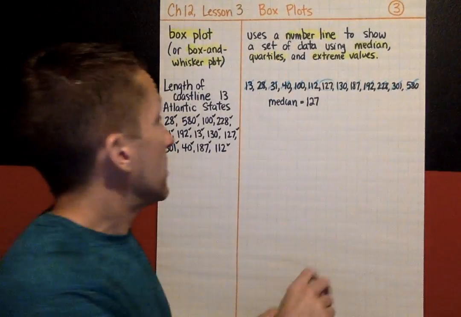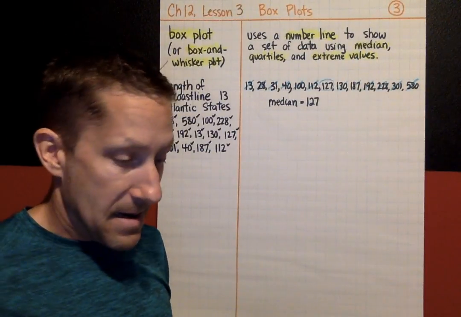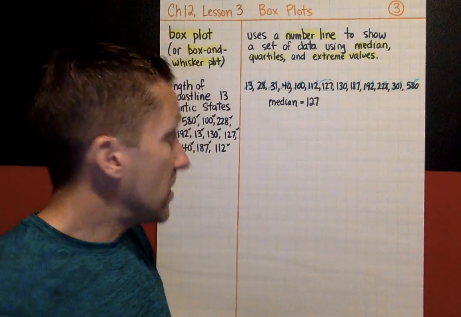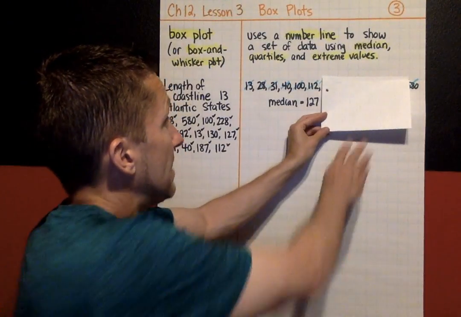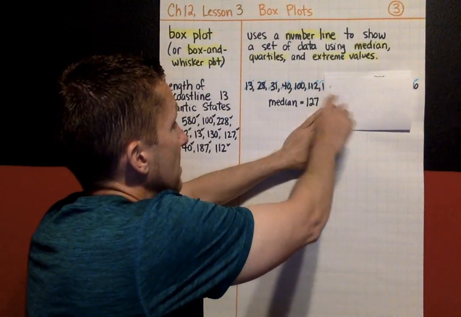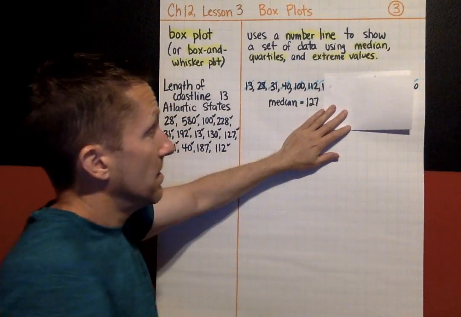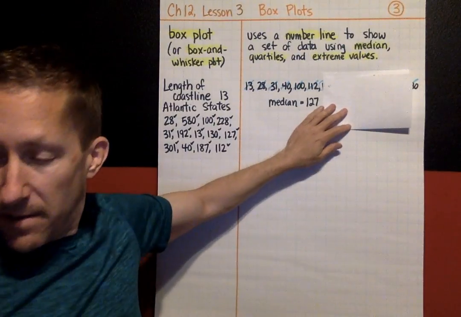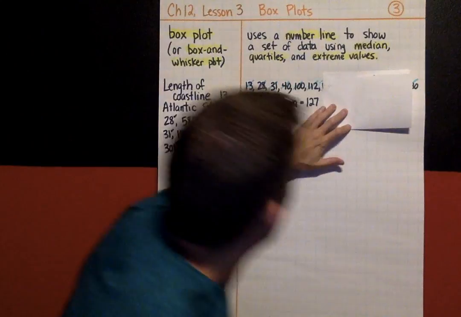So again, you do not include the median when you're finding quartiles. So I'm covering up this data, and I want the middle of those numbers there. So I'm not including the median.